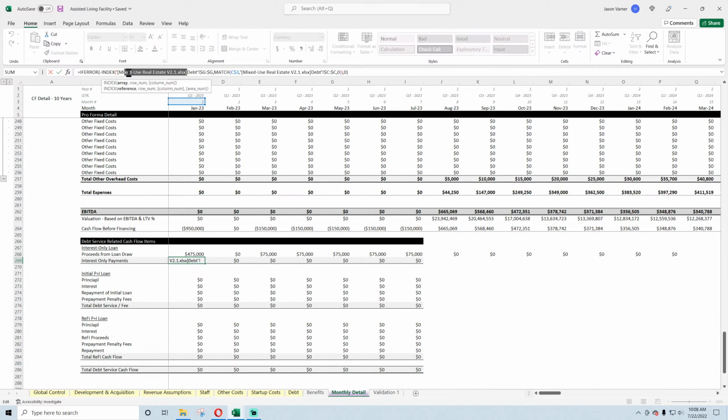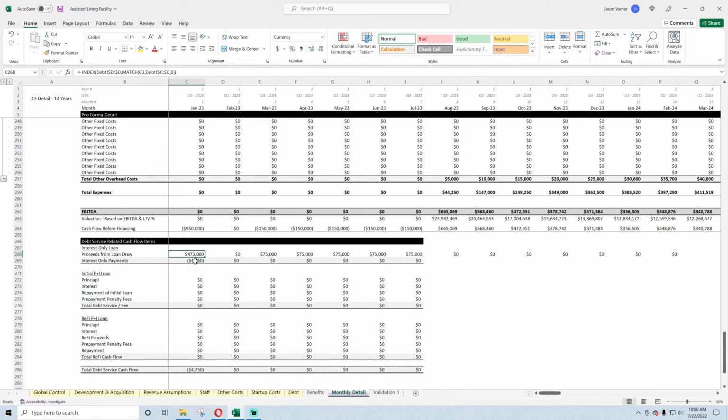All we got to do is remove the reference to the other template. The month number matches. Okay.